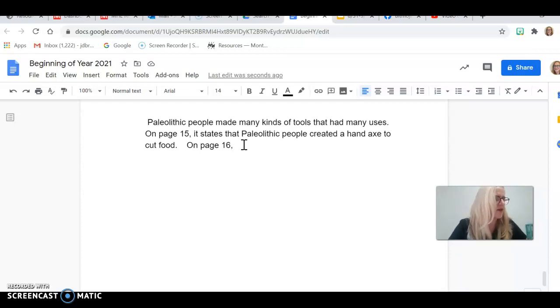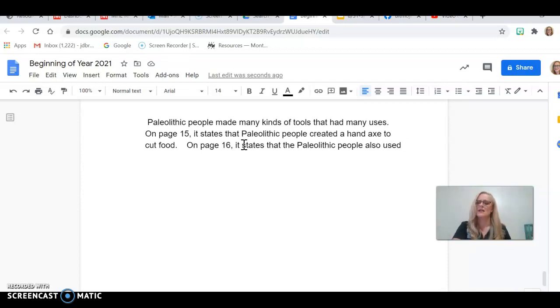So we have spears, bow and arrows, and cutting tools, right? On page 16, it states that the Paleolithic people also used, and you know what, let's do what they did in the book.